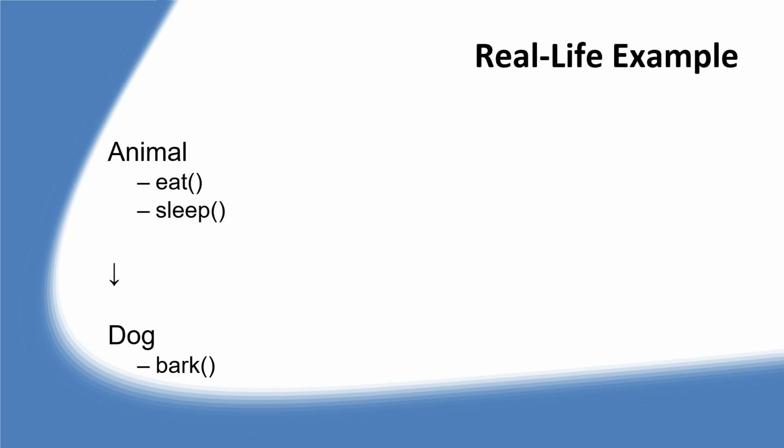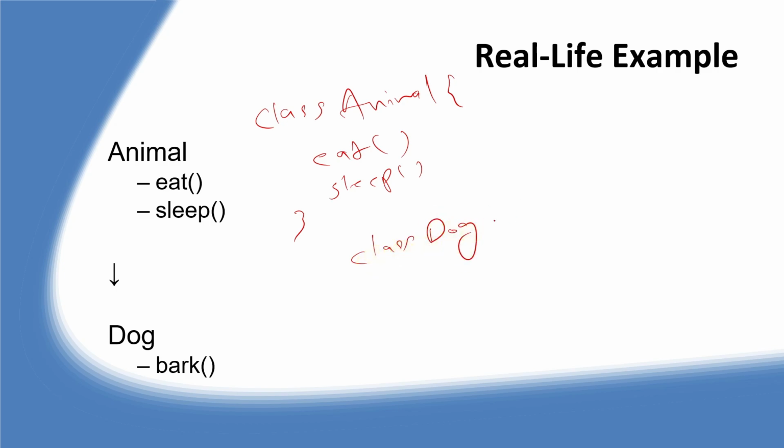Now let's see one real life example. So let's say we have one class, animal, and in this we have two behaviors or methods, eat and sleep. Now we have one more class, dog, and this is inheriting from the animal class. Animal class is the parent, and it has bark. So dog is the child class, animal is the parent class.